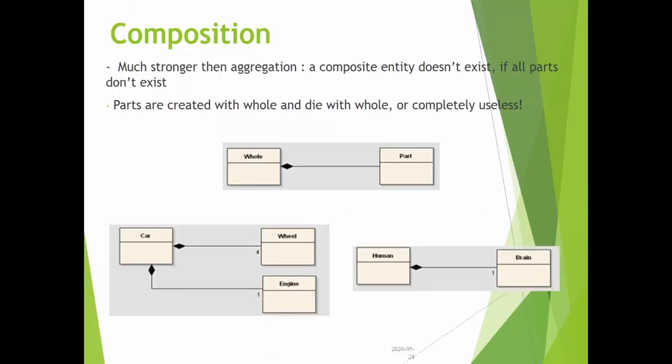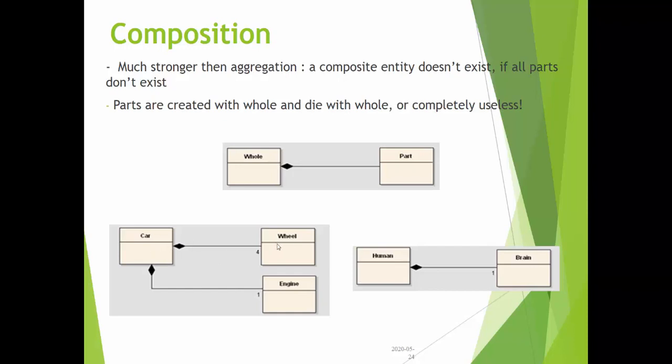Composition. Composition is much stronger than aggregation. A composite entity does not exist if its parts don't exist. For example, parts are created with the whole and die with the whole, or are completely useless. The whole and part are connected in the same way, but the diamond is black.